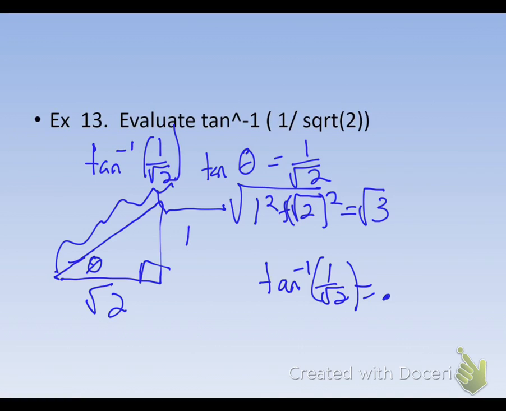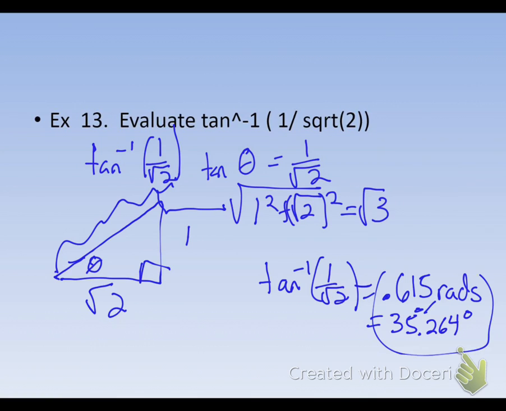So I have 0.615 radians. And if you change it to degrees, switch my mode, I have 35.264 degrees. And that's the end of this.